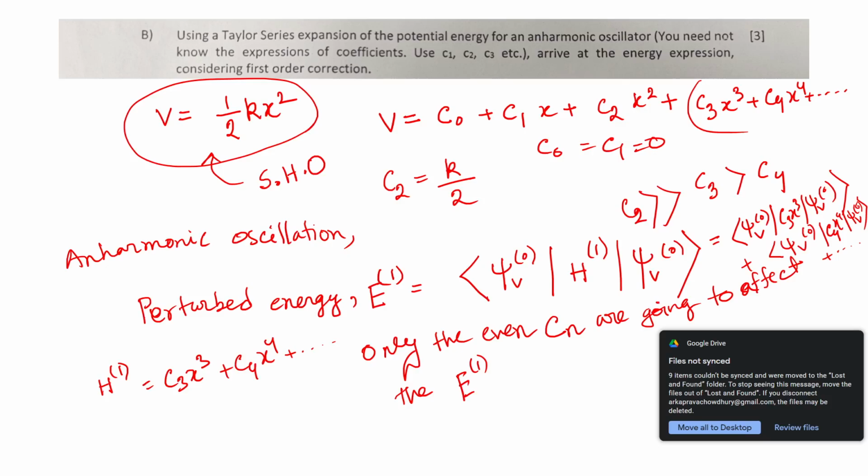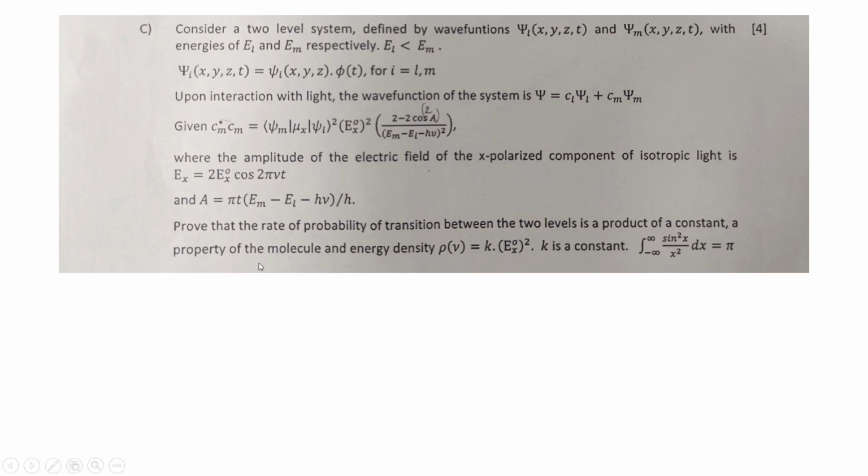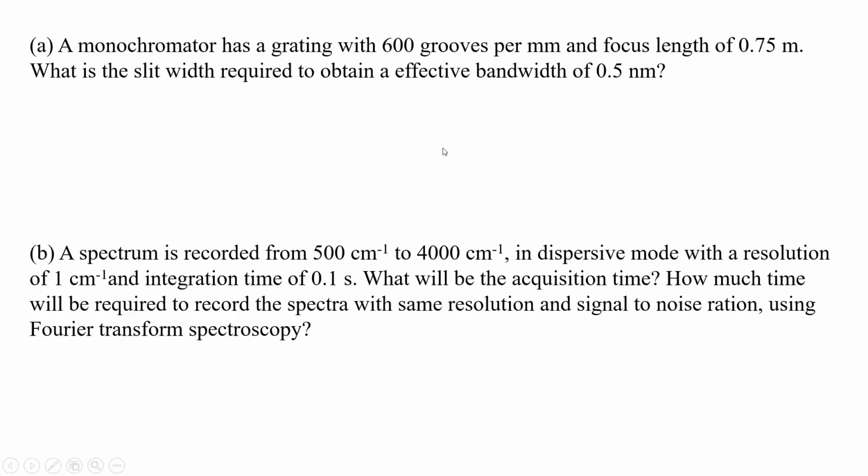Okay, now let us go to the next question. I think the next question was this, and I'm not going to discuss it because it has been done in class. This is Fermi's golden rule derivation, so let us not discuss it here.